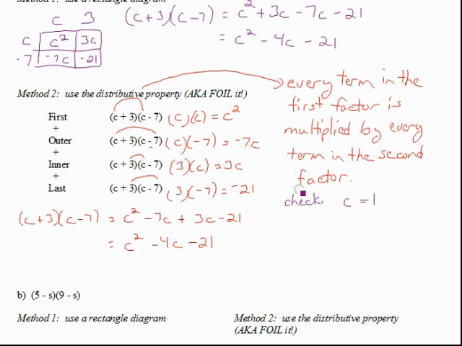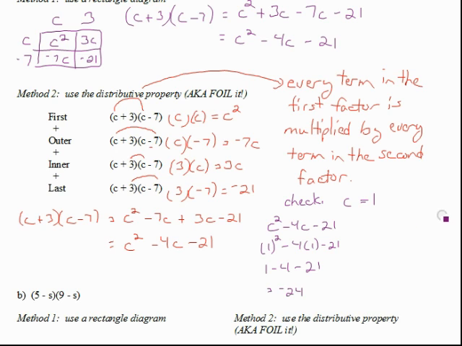So c squared, I'm going to write it all out. C squared minus 4c minus 21. That is 1 squared minus 4 times 1 minus 21, which is 1 minus 4 minus 21, which is negative 24. Now again, you wouldn't write it out in that much detail, but I want you to see where the numbers come from.